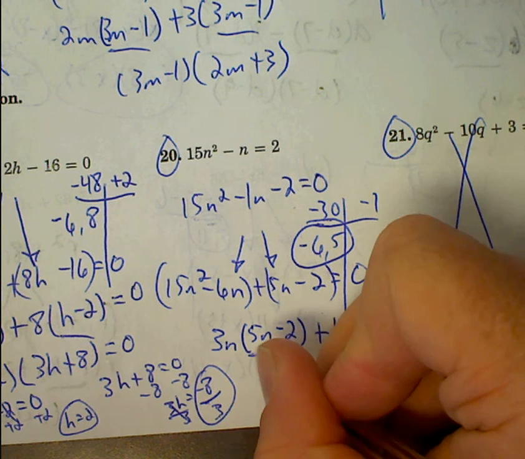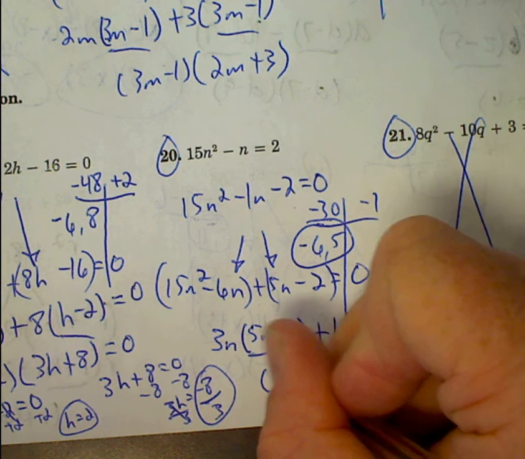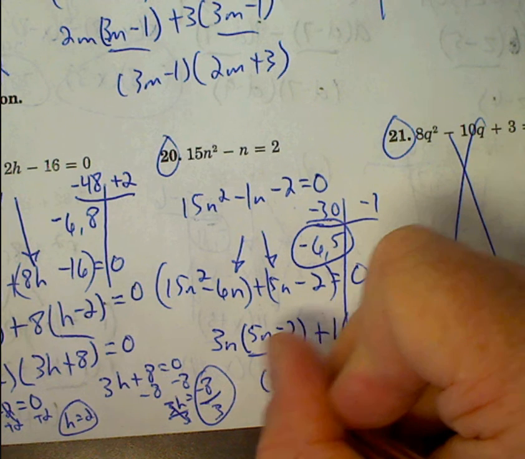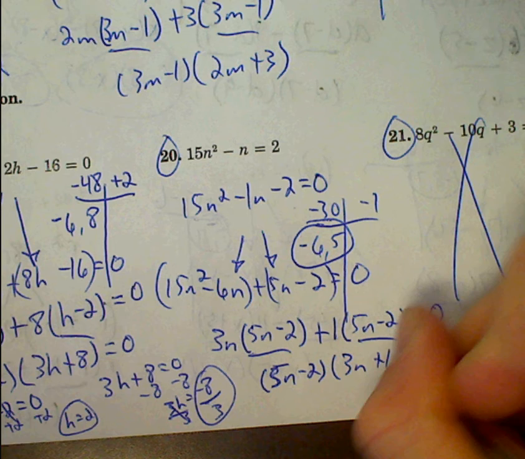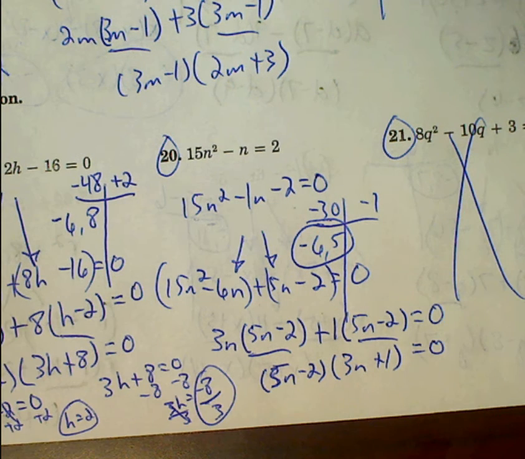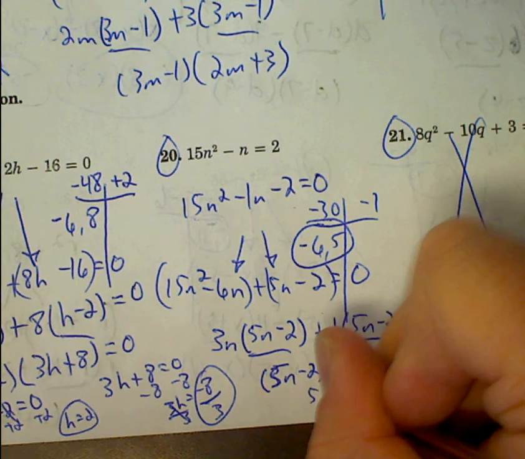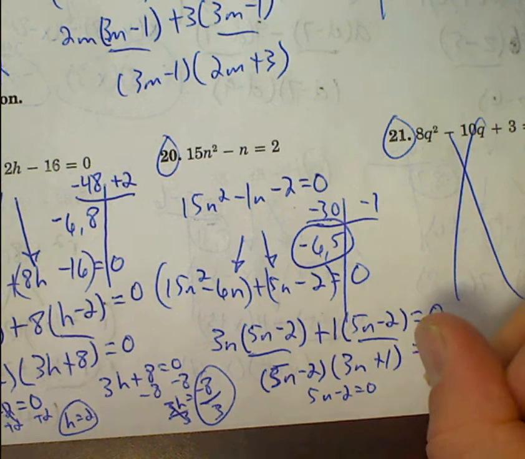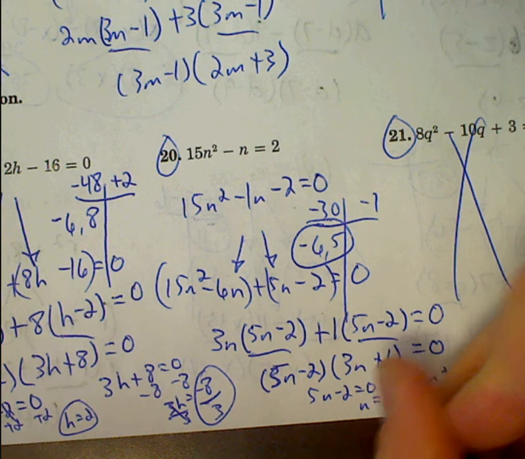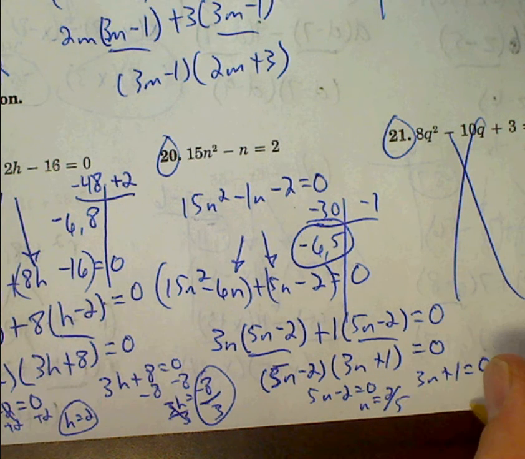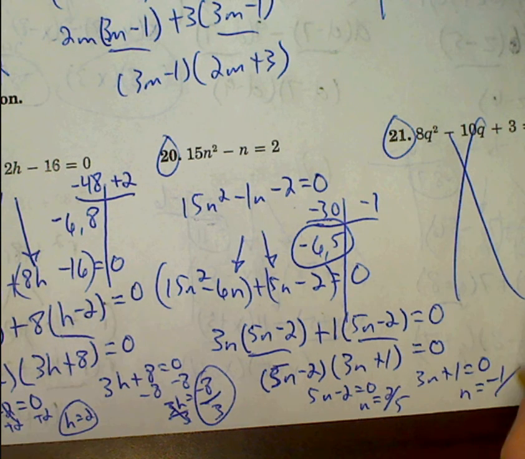So I got a 3n, I got my 5n minus 2, and then I also have the 3n plus 1 equals 0. To finish the problem, I need to set both of them equal to 0. So when I do this right, n will be 2 over 5. If I do this one right, it'll be -1 over 3. And we are done.